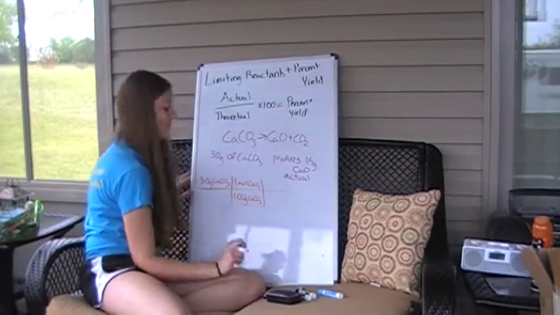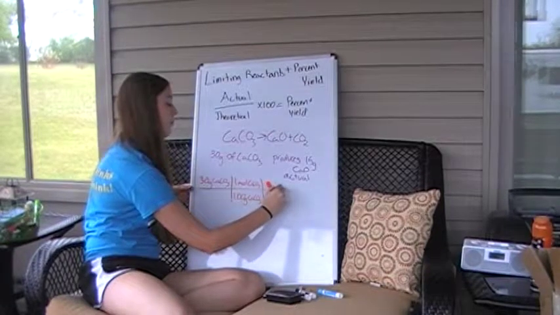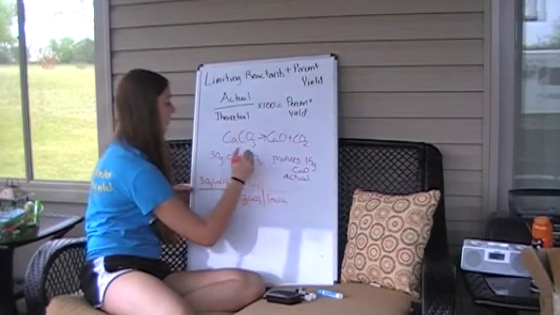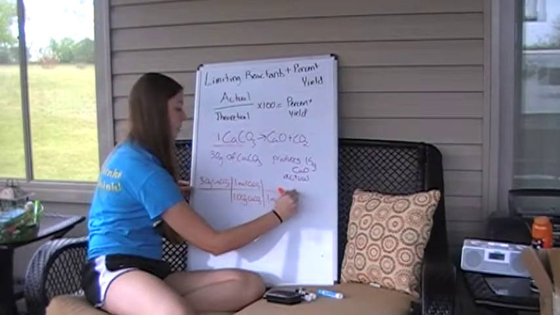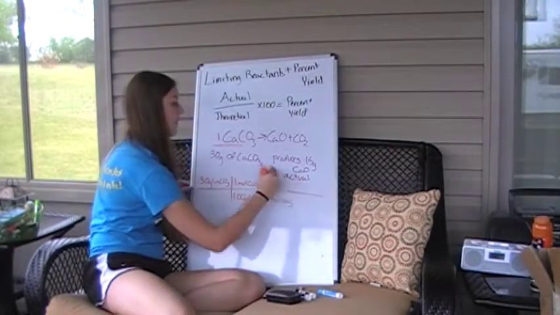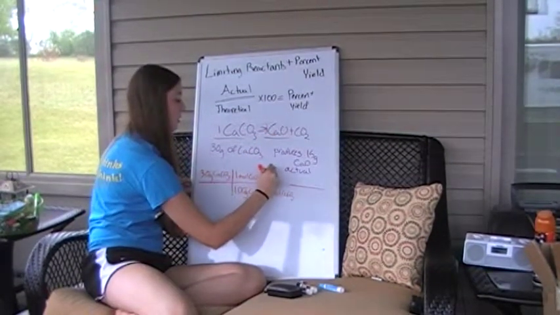And after we do the mole of CaCO3, we take 1 mole of that, like we're given up here, and convert it to the 1 mole of CaO.